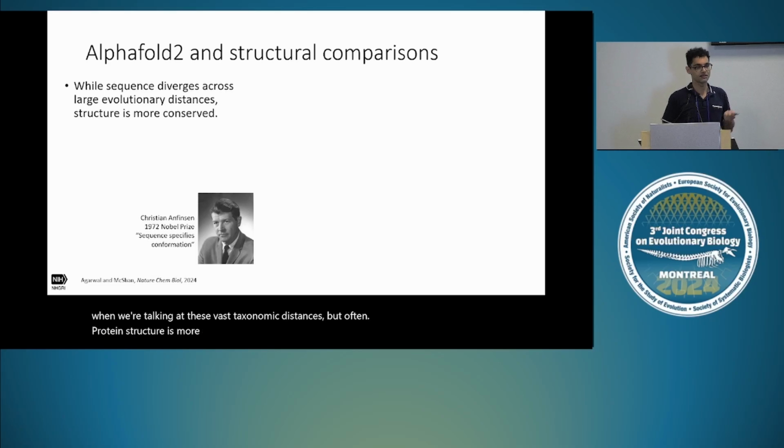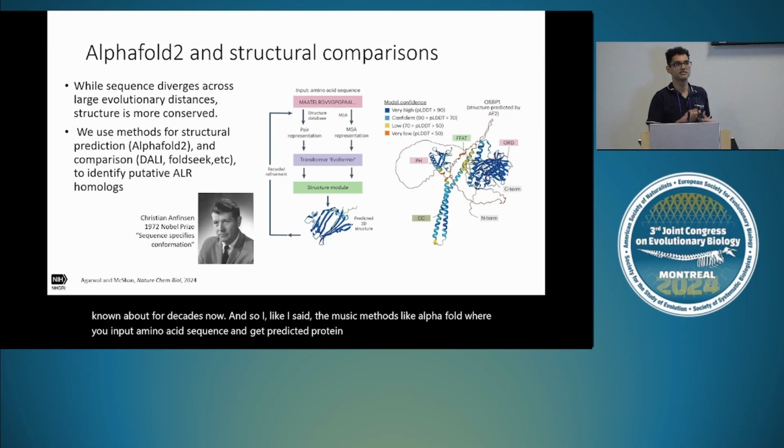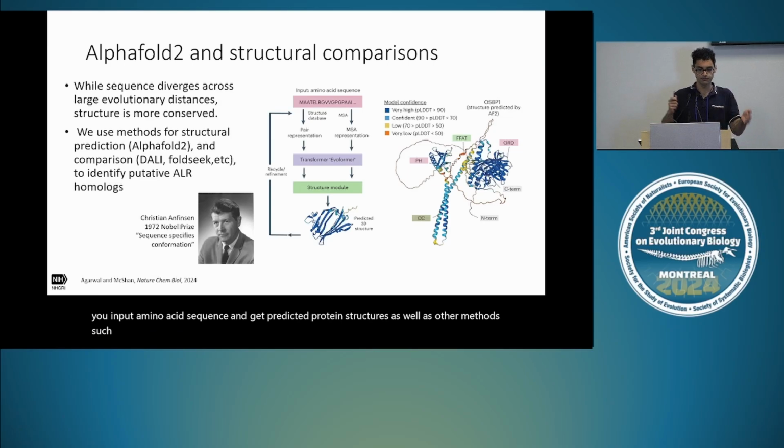This has been something that we've generally known about for decades now. Like I said, I'm using methods like AlphaFold, where you input amino acid sequence and get predicted protein structures, as well as other methods such as Dali and Foldseek, which are able to make comparisons between protein structures.